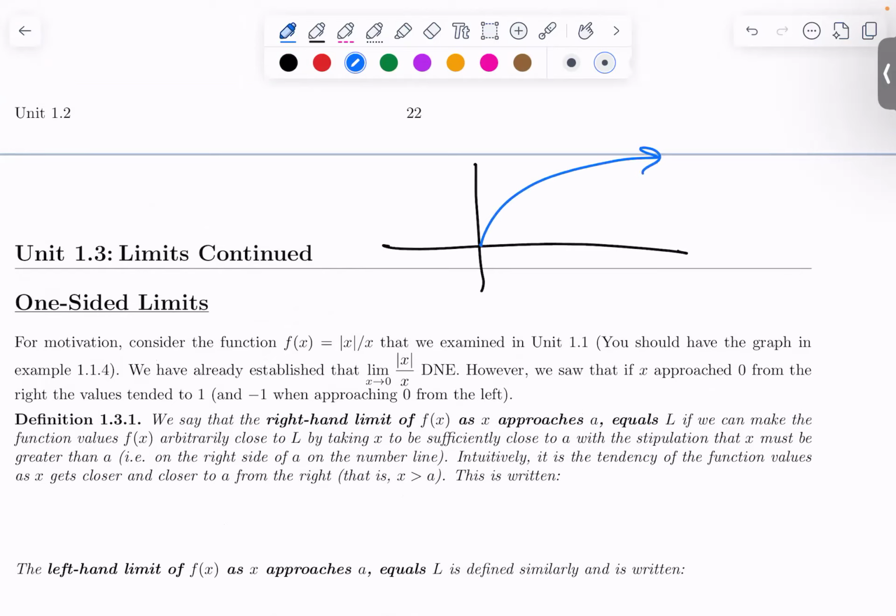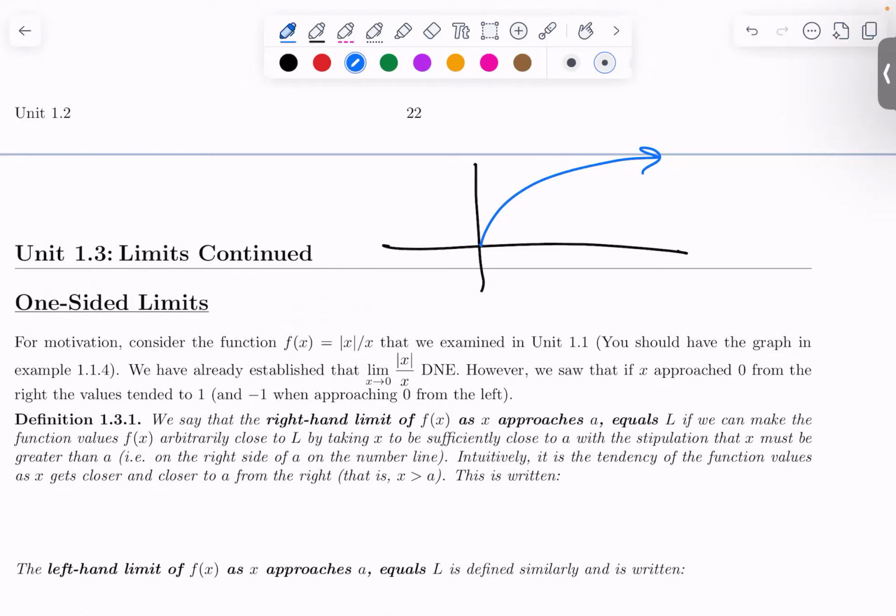It's only defined for numbers greater than or equal to 0. What is the limit at 0? We should be able to say that the limit as x approaches 0 is 0. That would make sense. But how do we do that when we can't approach it from the left?